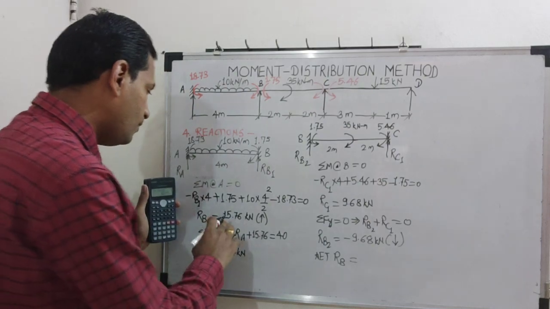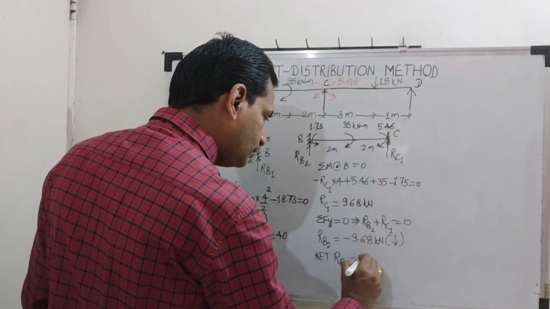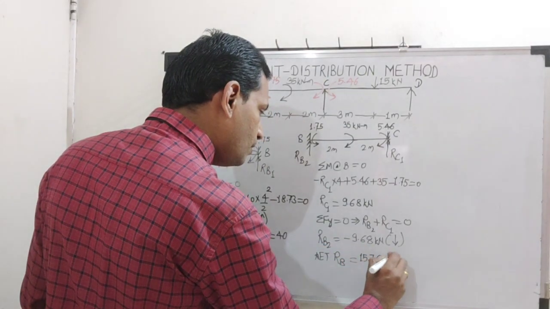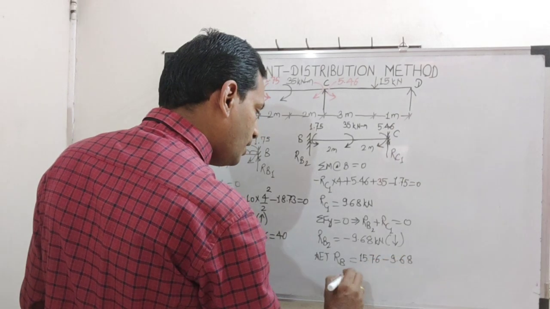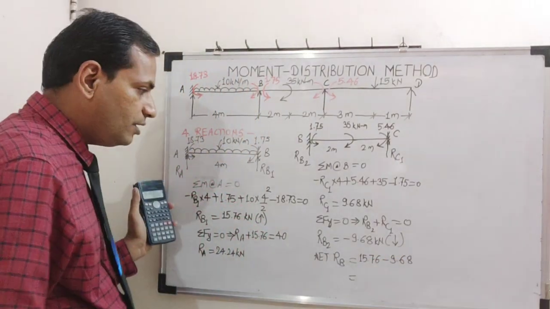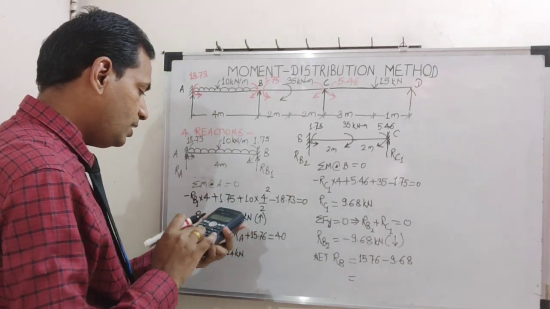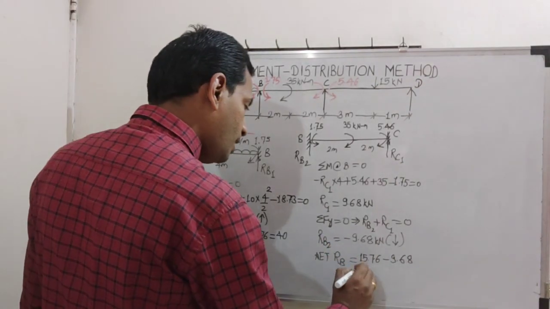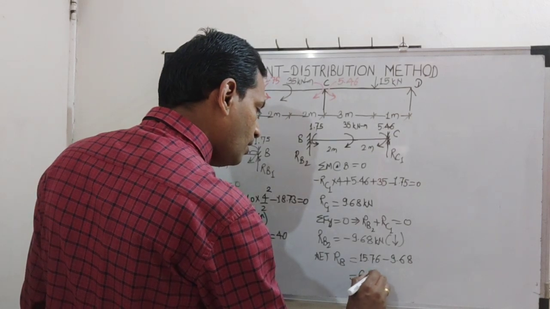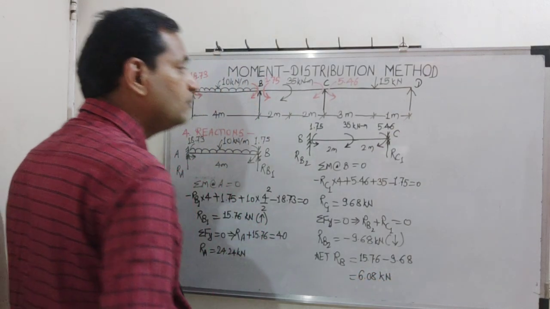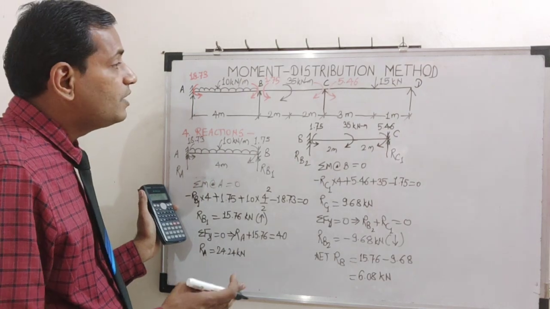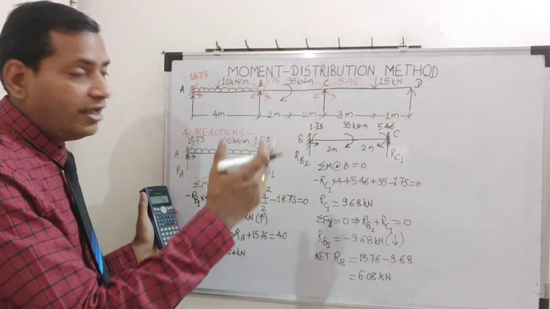What is RB1? 15.76. What is RB2? Minus 9.68. So 15.76 minus 9.68, the answer is 6.08 kilonewton. Similarly, find now RC2, then net RC and RD.